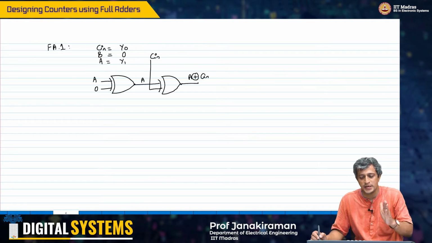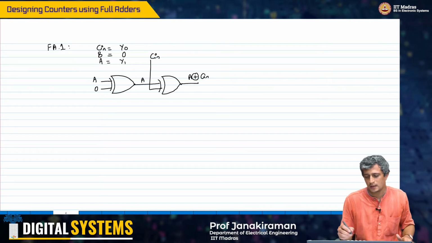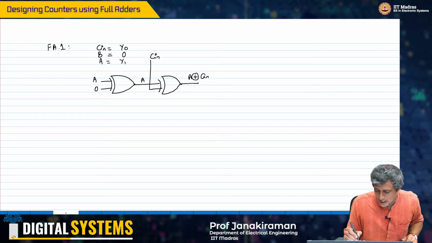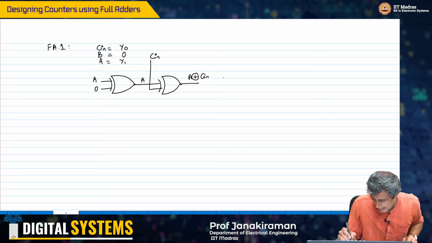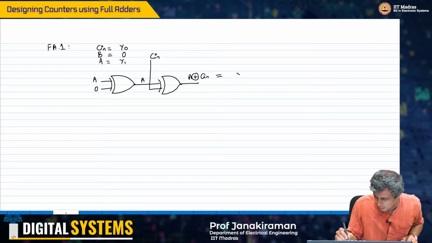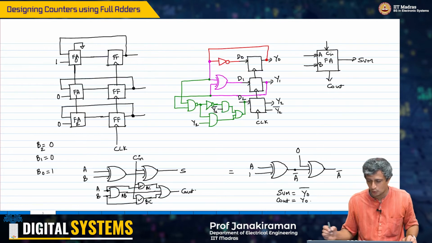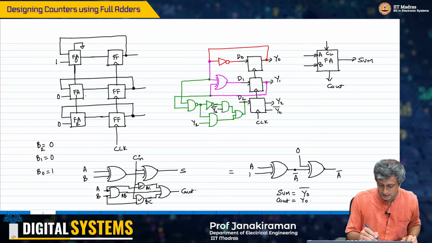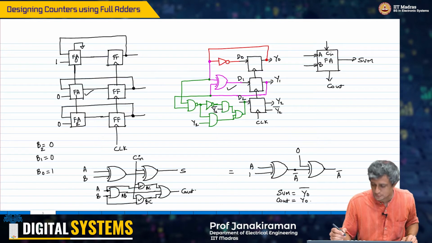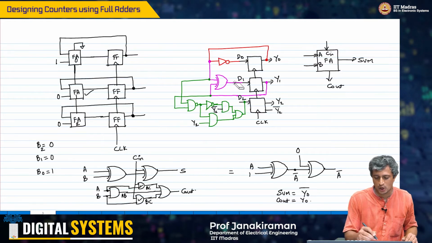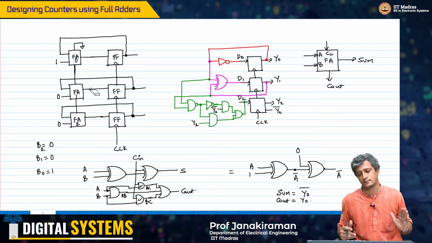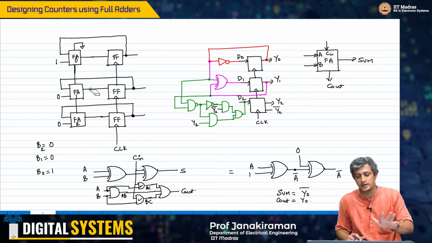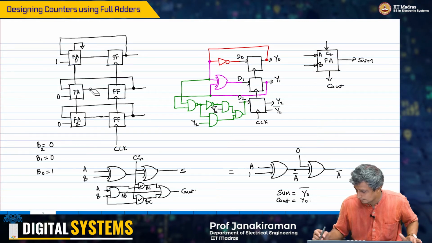So that is equal to Y naught XOR Y1. Therefore, this full adder maps to this particular XOR gate perfectly again. There is nothing inconsistent between these two implementations.